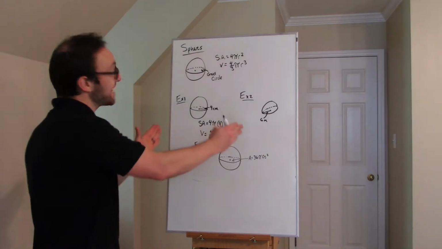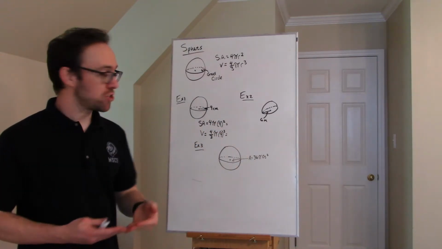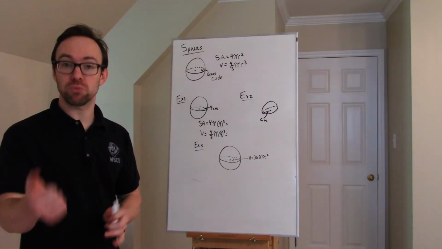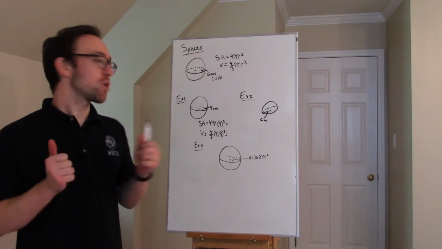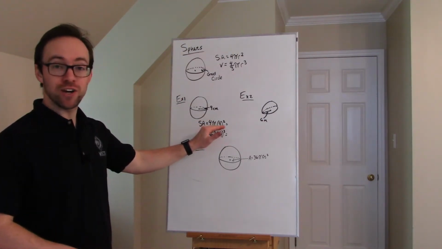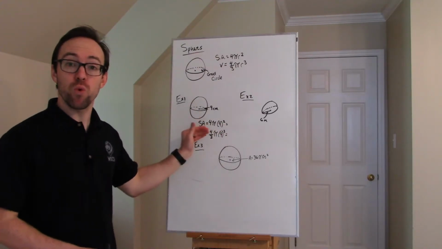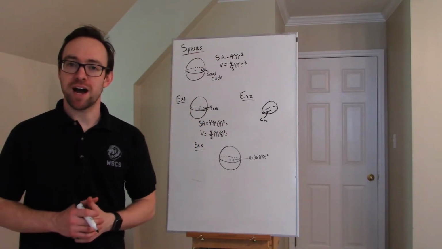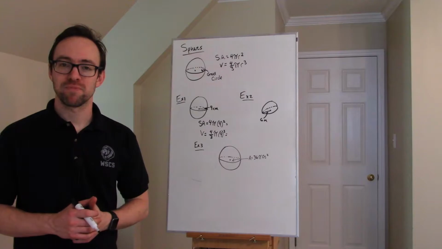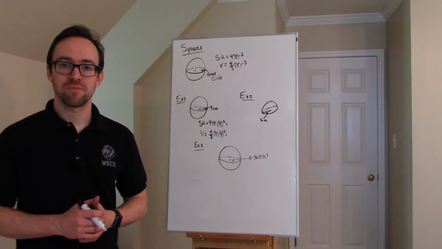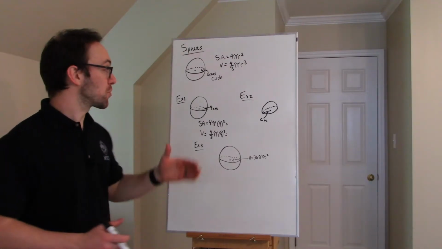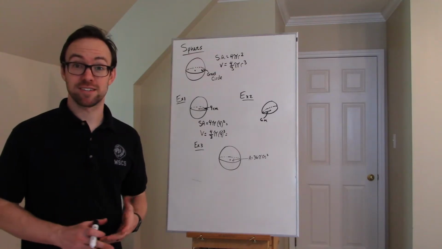Now you would plug that in. If you would like, you can plug it all the way in using 3.14 or the pi button. Or you could square 9 and multiply it by 4 and leave it in terms of pi. I'm going to write up both for each case.